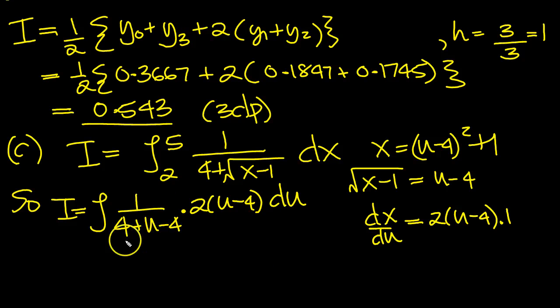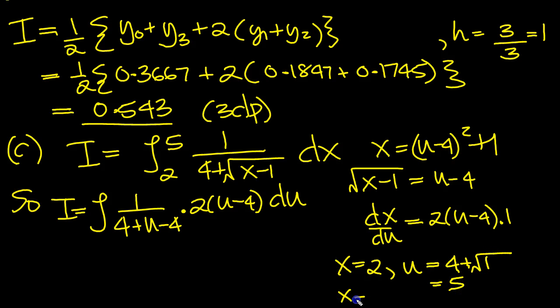But the other thing I want to put in is the bounds. So when x equals 2, u is equal to 4 plus the square root of 1, which is 5.